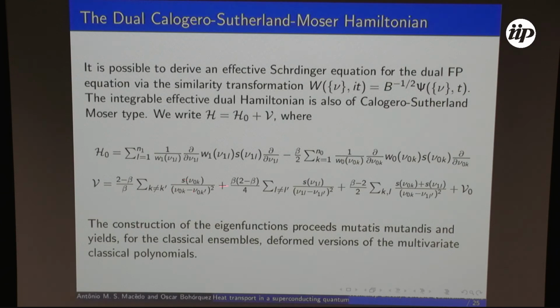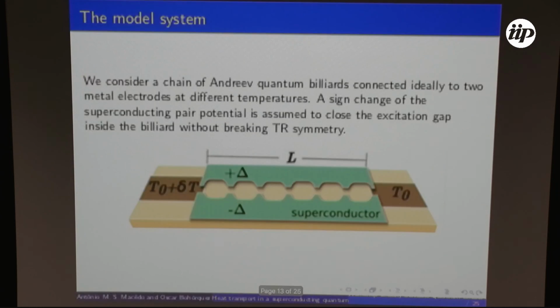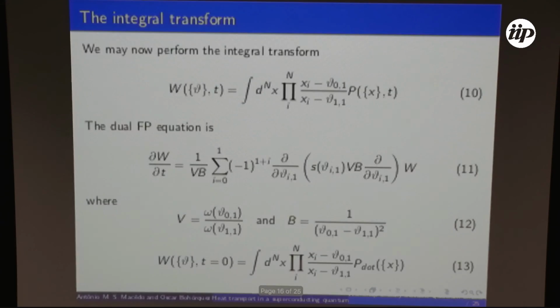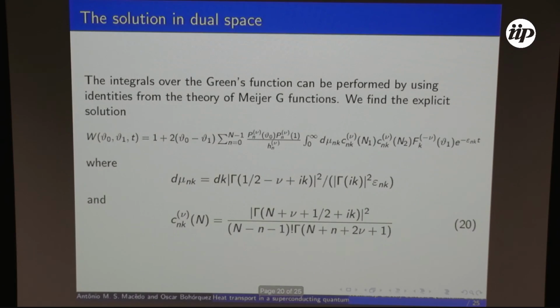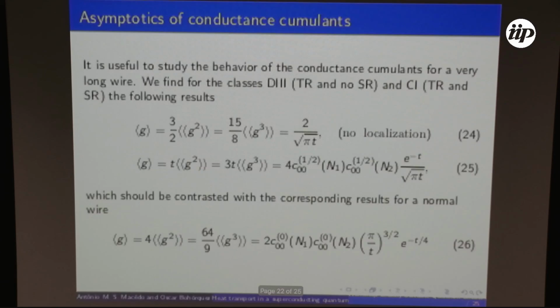So I have to solve a problem with interacting fermions. Okay? So it's the same problem, but it involves interaction. A similar problem, but you have to use these deformed versions of multivariate classical polynomials. They are not available in the literature, although the existing theorems are there. But you have to construct them, otherwise you won't get exact solutions. So this is why we postponed this to the next problem involving chiral symmetry.